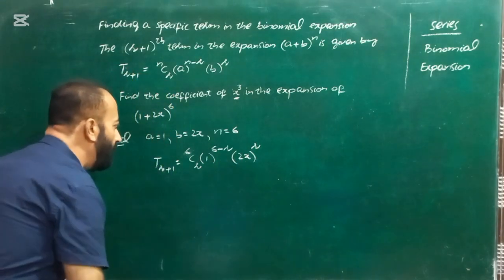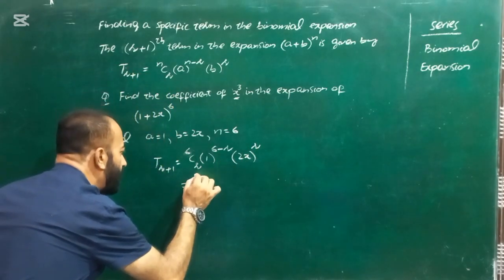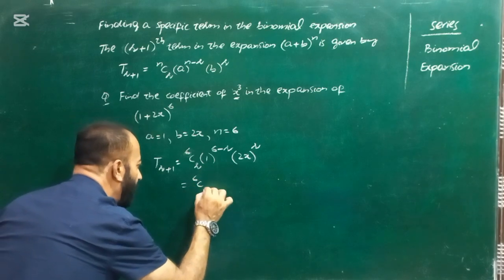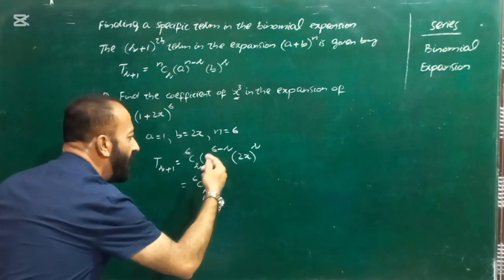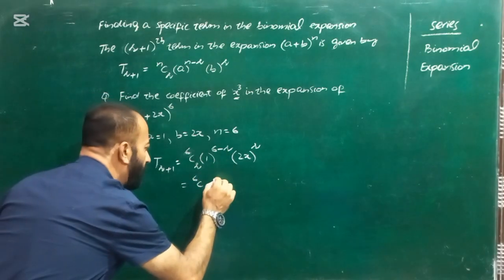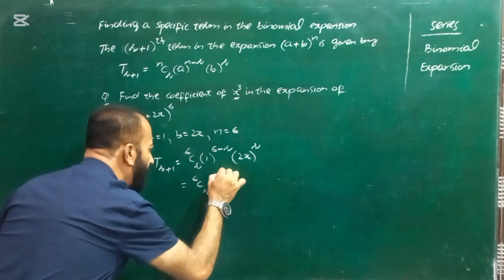So from here, simplifying it, 6Cr is as it is, 1 raised to power anything, that is okay, 1 raised to power 6 minus r.